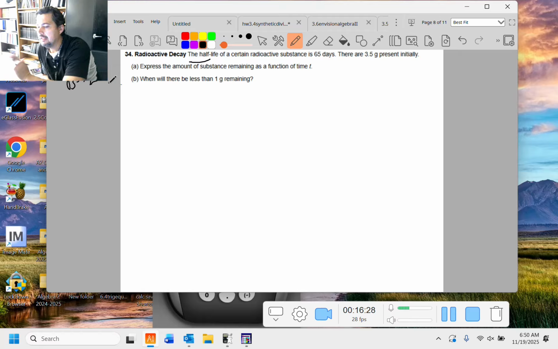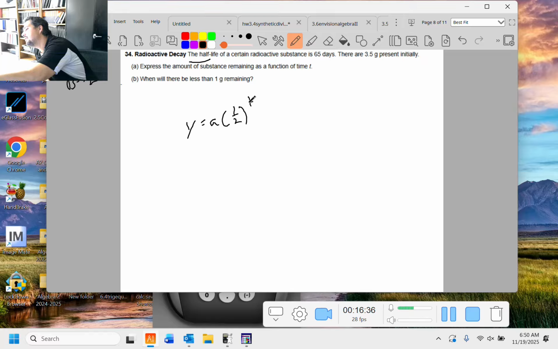Right? Legit, B is a half. So your half-life formula is y equals a times a half to the t. And there are 3.5 grams present initially, so y is 3.5 times a half. And it's 65 days, so I actually have to say t over 65.